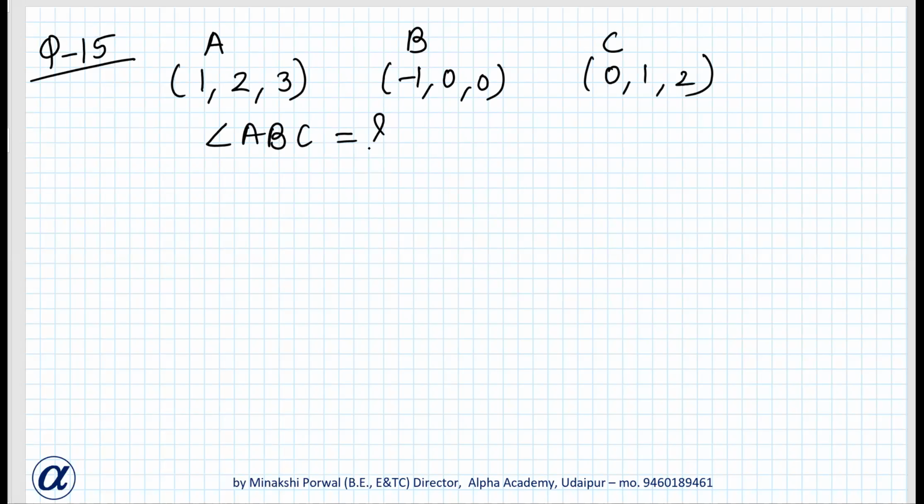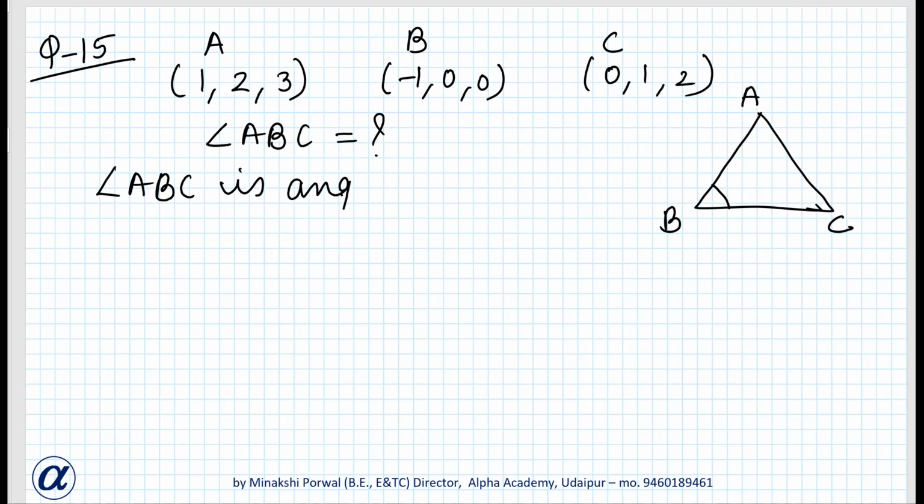So ABC is this angle. This angle we have to find. So angle ABC is actually the angle between vector BA and BC.